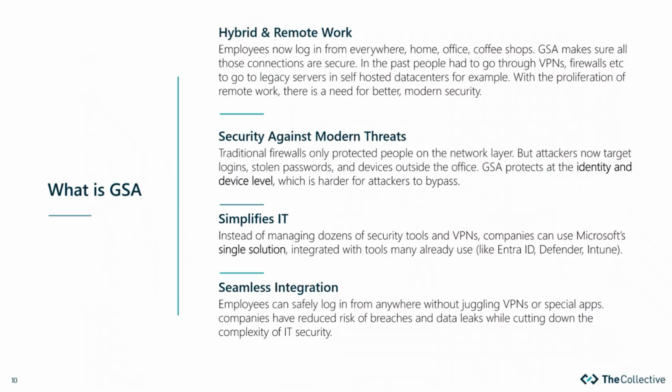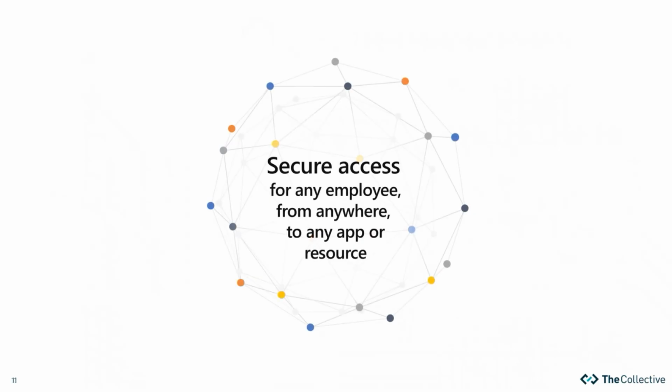Then we are mainly looking into the internet access profiles, which we will talk about. So basically, a firewall that will protect your network environment. Global Secure Access also tries to simplify your IT because we combine a network solution stack with the identity stack of Microsoft and the Defender stack, Intune stack, etc. So we can basically provide seamless integration with your VPN solution into the current Microsoft ecosystem you're probably already using.